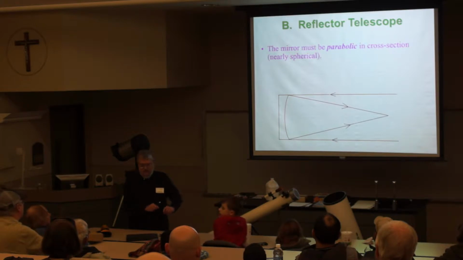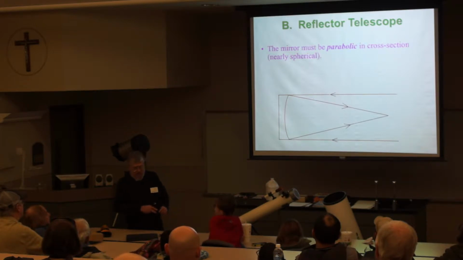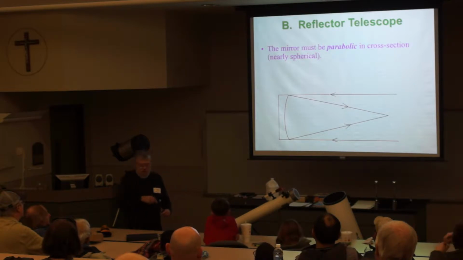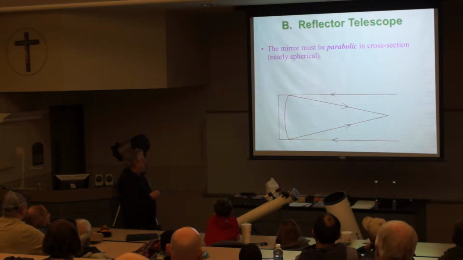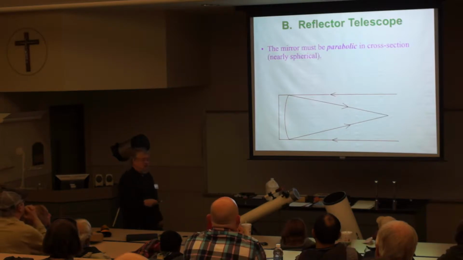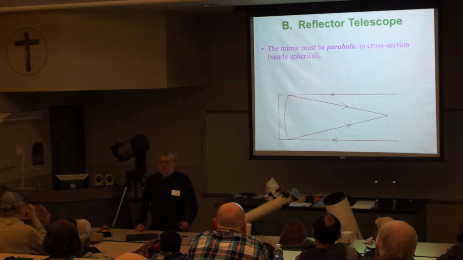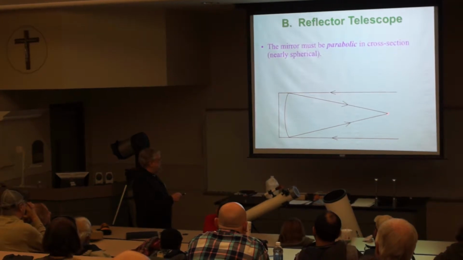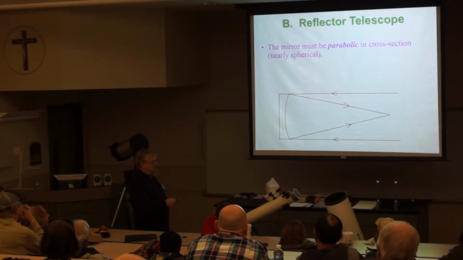If you just grind two pieces of glass together with grit in between, the upper one will become concave and the bottom one will become convex. And that gives you a spherical curve. Then you spend 2 or 3 times that long adjusting the curve on the mirror until it becomes a parabola. And then it will bring the light to an actual point. If you have a spherical mirror, it won't do that.